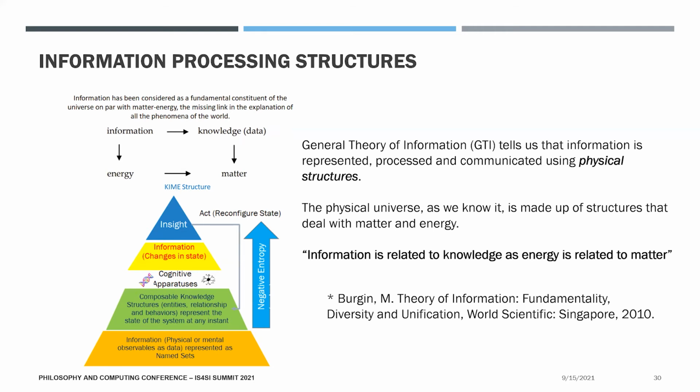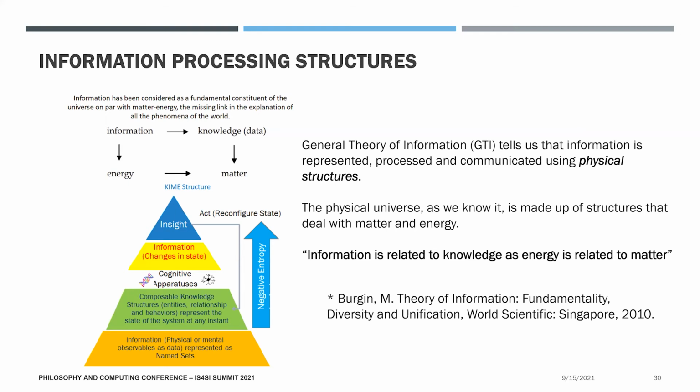And that is really the difference between the data structures and the knowledge structures. So we are now going to represent all our knowledge: take the information, convert it into entities, relationships, and behaviors, which are the knowledge structures. And then the cognitive apparatuses, for example in the brain, are your neurons and your genes.